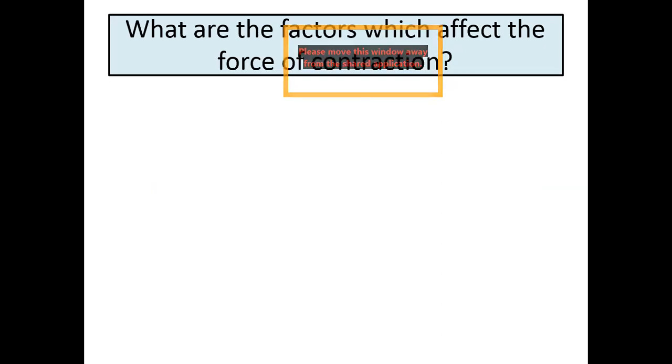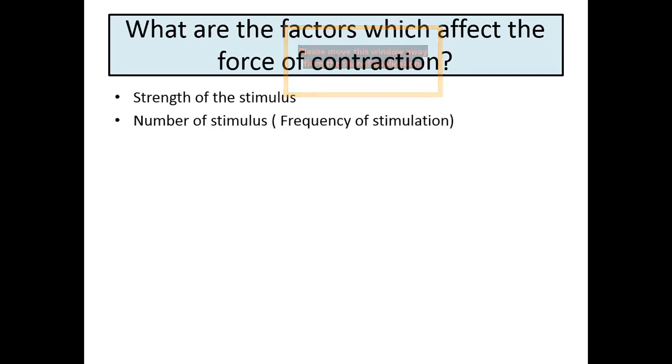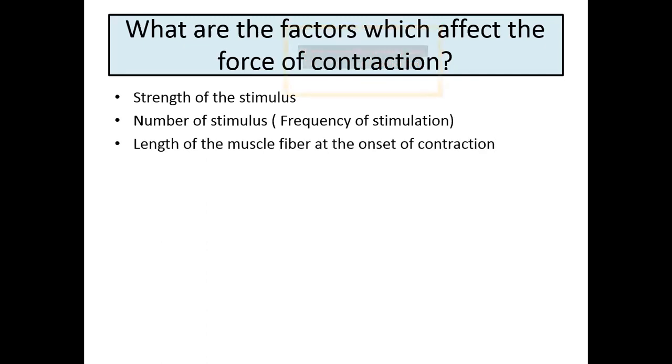These factors include the strength of the stimulus, the number of stimuli given, which is the frequency of the stimulus, and also the length of the muscle fiber at the onset of contraction. That also decides how much tension is developed during contraction. These are a few factors which we are going to discuss in the subsequent slides.